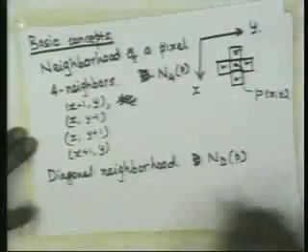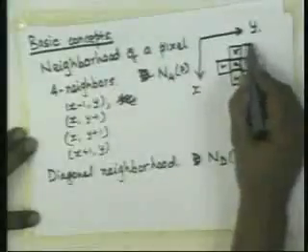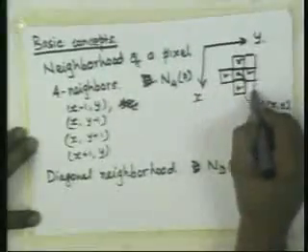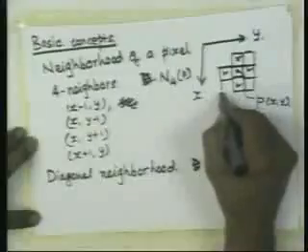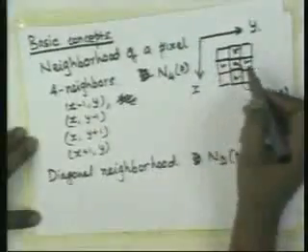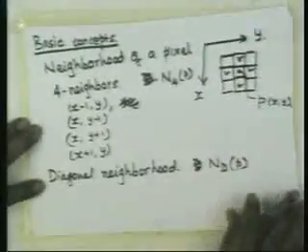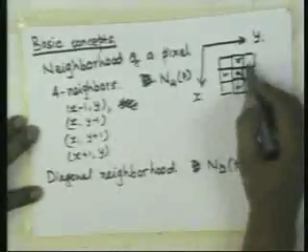Okay, and the diagonal neighborhood is basically these other 4 pixels which are not directly in the x direction or y direction, but which are displaced by both x and y.